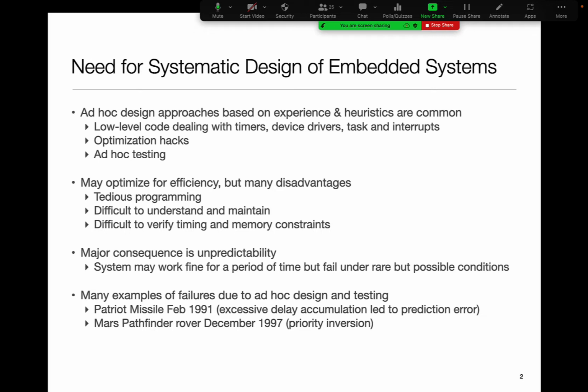So anyway, Mars Pathfinder was one of NASA's missions to Mars, where they had sent a roving robot on the Mars surface, which would collect samples and all, and for whatever reason it would reboot very frequently, and the problem turned out to be in the part of the code designed to handle this.